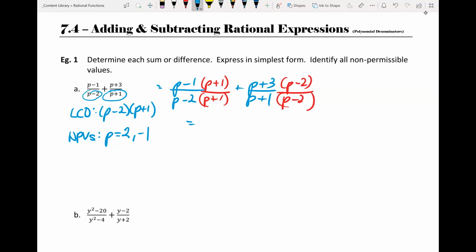And then now we're going to do our distribution of multiplication. So that's p times p, which is p squared, plus p minus p. This is a difference of squares, so you're not going to get a middle term, but you're going to get a constant number, which is negative 1 times 1, and that's negative 1. I'm going to leave the denominator alone.